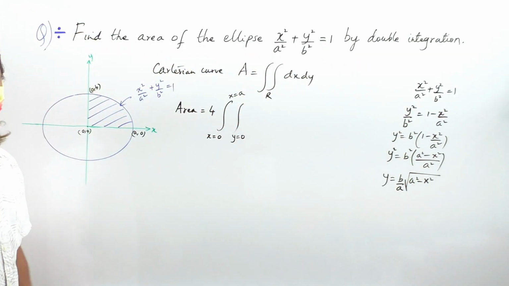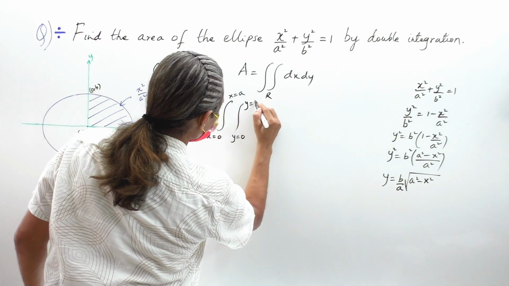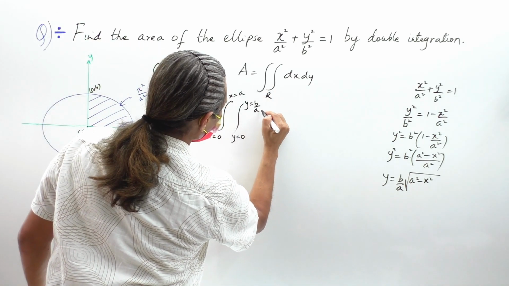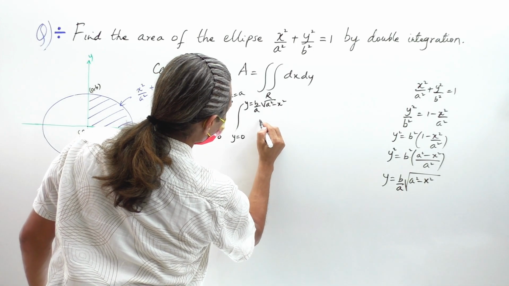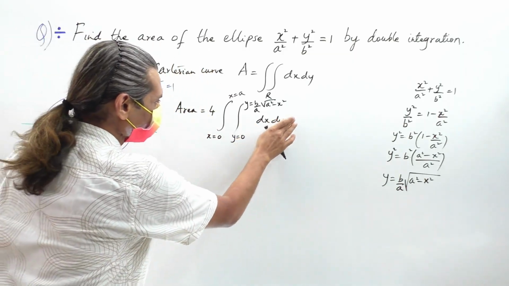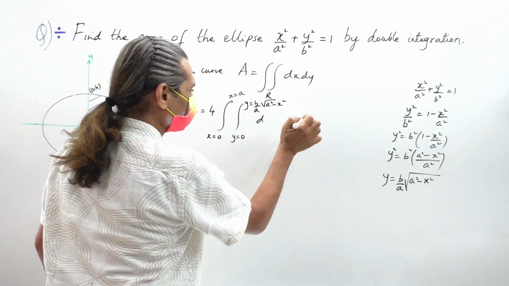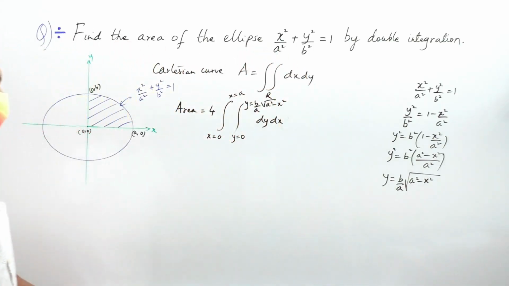That's it, as simple as that. Now y goes from 0 to b by a root of a square minus x square, and the integrand is dy dx. Write the order properly.